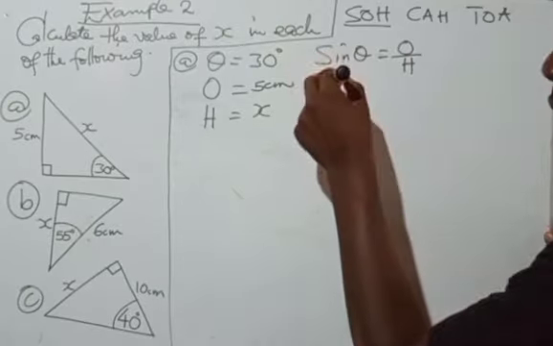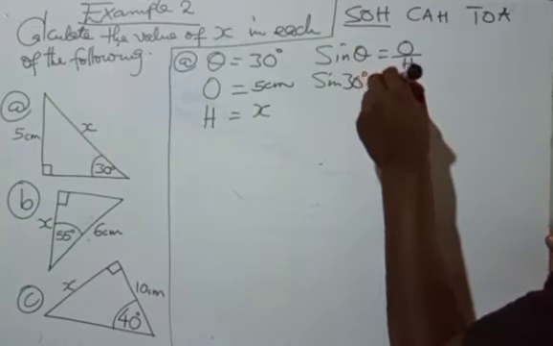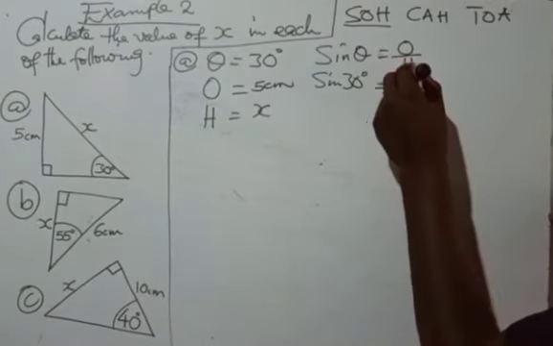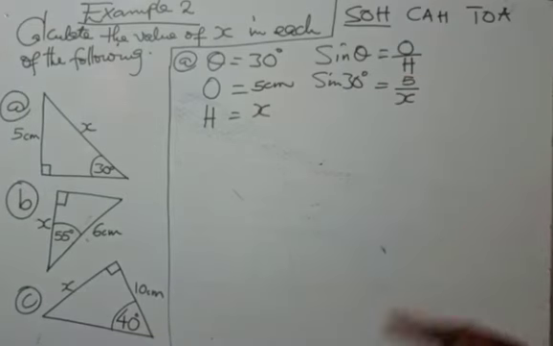So we are going to say sine 30, since the theta is 30, is equal to opposite, which is 5. I'll just write 5 without units. We will still reconsider those units since we are dealing with the side. So it will be over x. Now, what is sine 30?